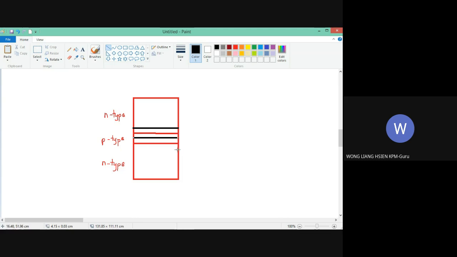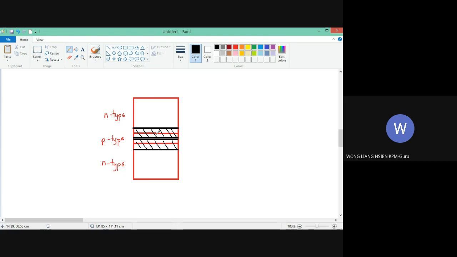Over this side also you will have a depletion layer. Electrons from here go over here, so on the N-type on this side there will be no extra electrons.